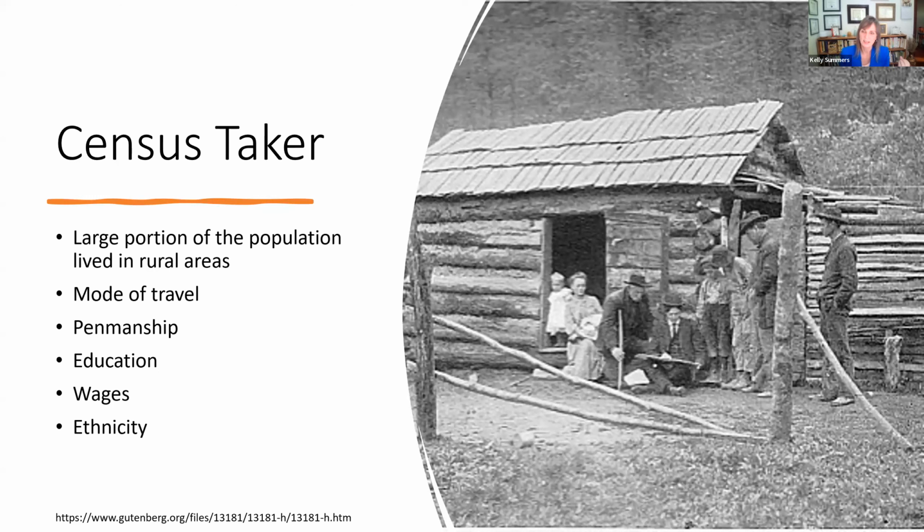Now think at this time, how is he doing this? He is going to have an ink well and a quill pen, and he's got to travel around with this. And what happens when the weather gets bad? If it rains or if it snows? Anyway, he's got to face all of these things as he is gathering this information.